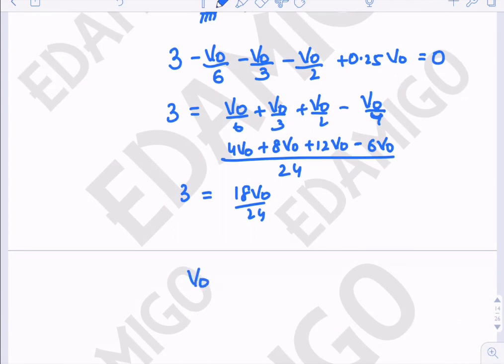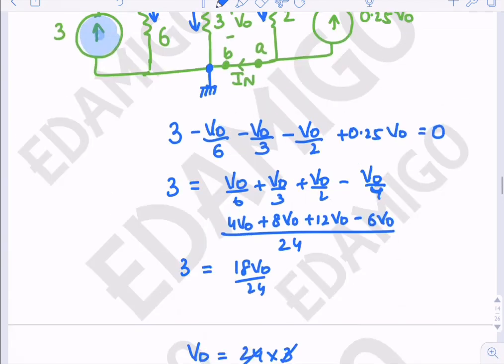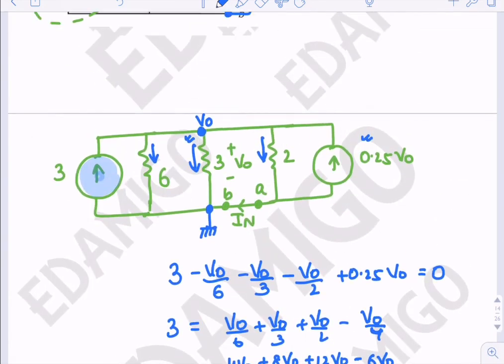So V0 equals 24 into 3 divided by 18. This will cancel, and V0 will come out to be 4 volts.